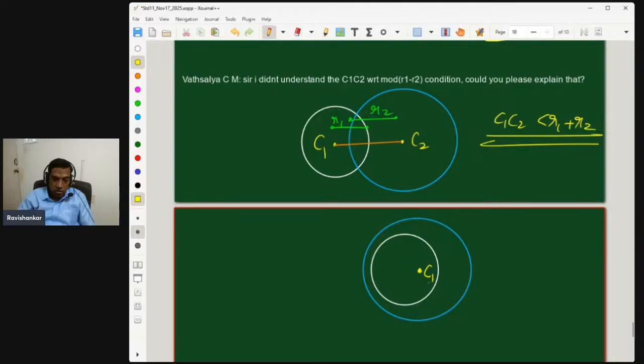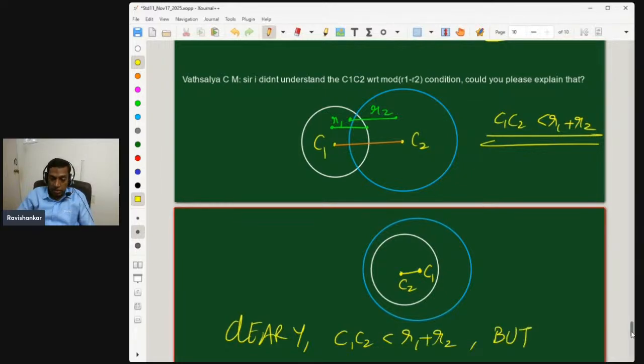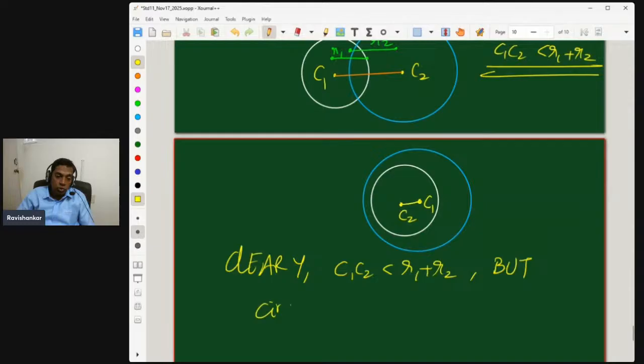So this is C1 and this is C2. So clearly C1C2 less than R1 plus R2, but circles don't cut at 2 points.